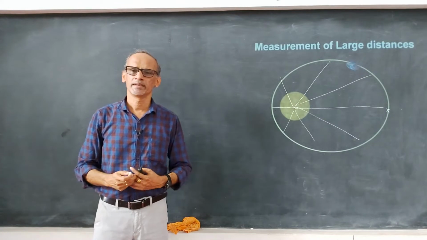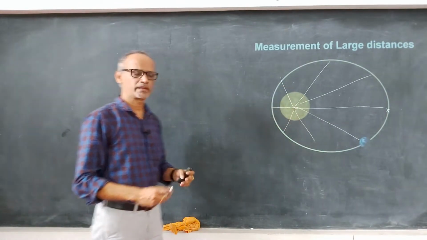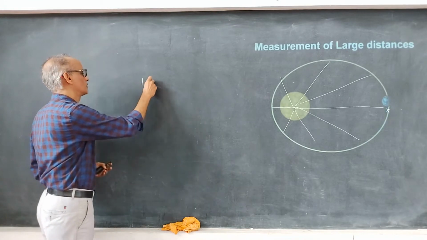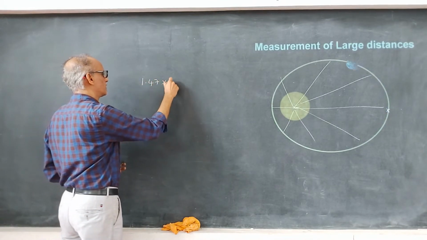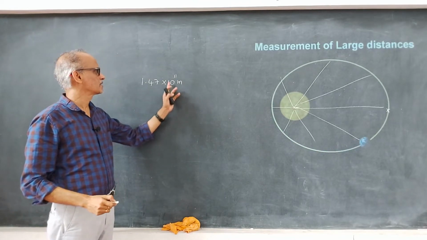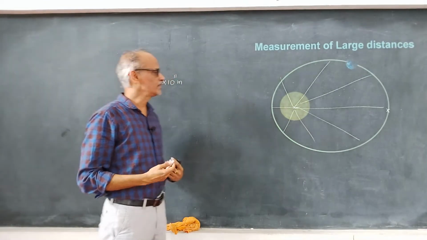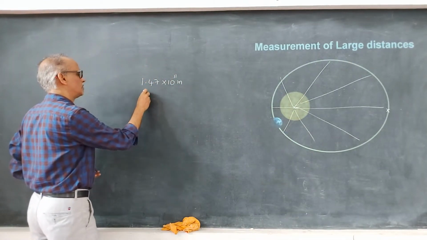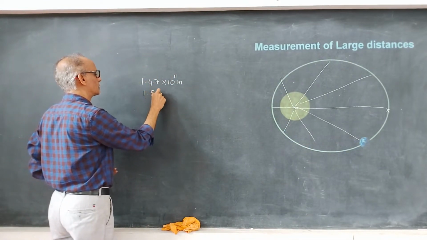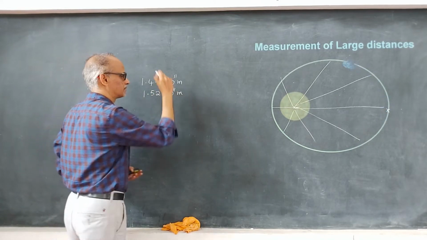In simple terms, the distance continuously changes. When the earth is very close, the value comes out to be nearly 1.47 into 10 to the power 11 meter. This is a very large distance, 10 to the power 11, even when it is closer. When it reaches very far, the value comes out to be about 1.52 into 10 to the power 11 meter.